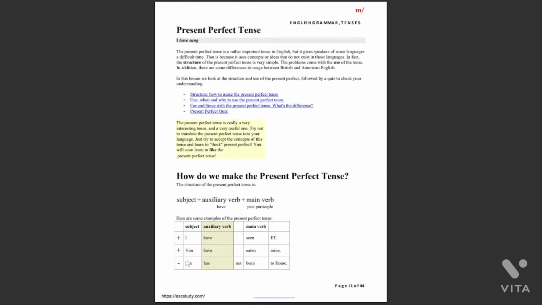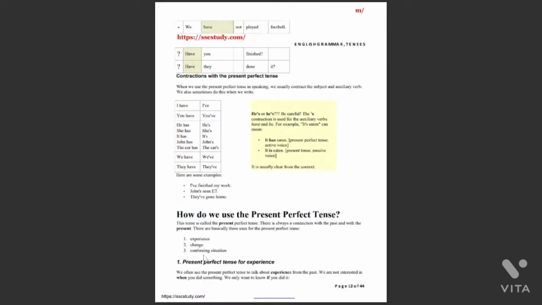So this is how it changes. And we have one more negative sentence: we have not played football. And a question sentence: have you finished?